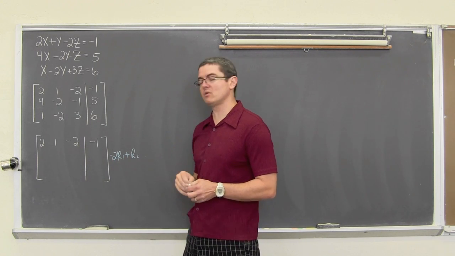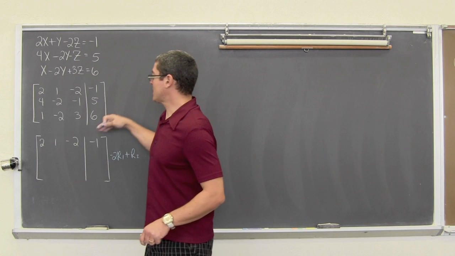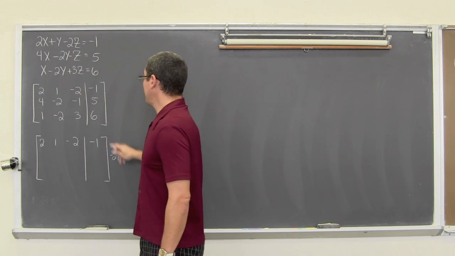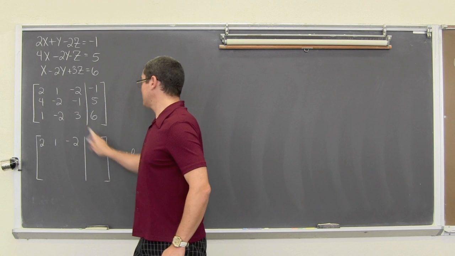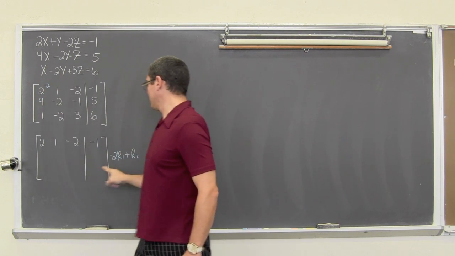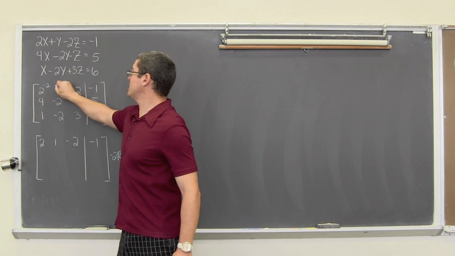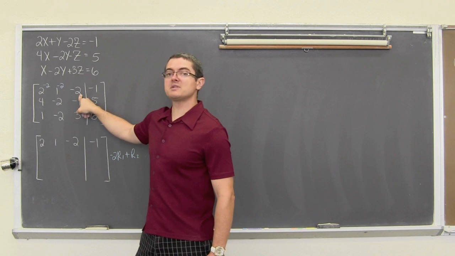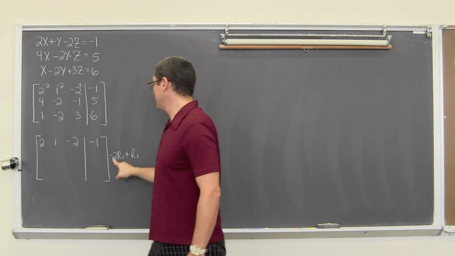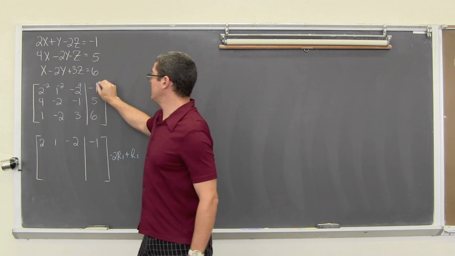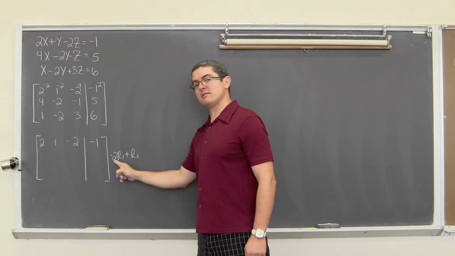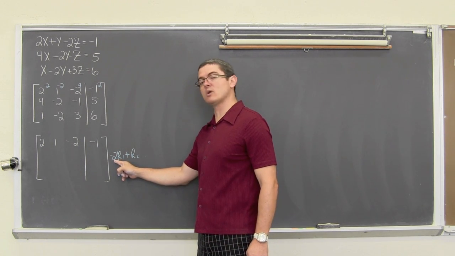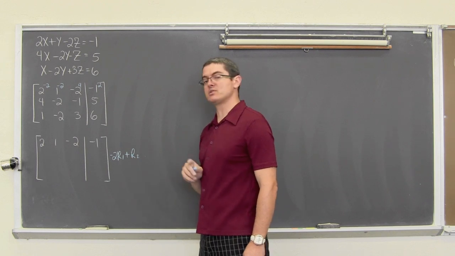Okay, I want to take -2 and multiply it by row 1. So I'm going to come up to the previous matrix and take -2 and multiply it through this row. So -2 times 2 is -4, -2 times 1 is -2, -2 times -2 is +4, and -2 times -1 is +2. And I want to now add that new row of numbers with row 2.